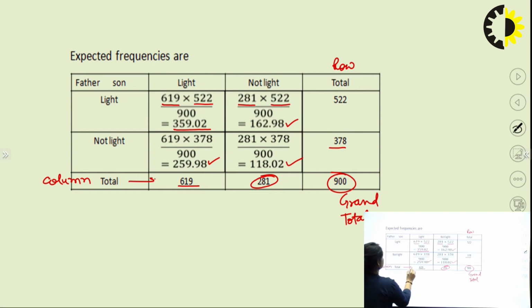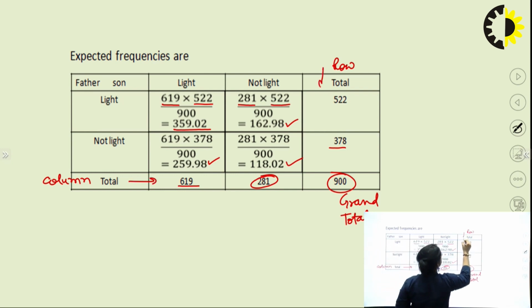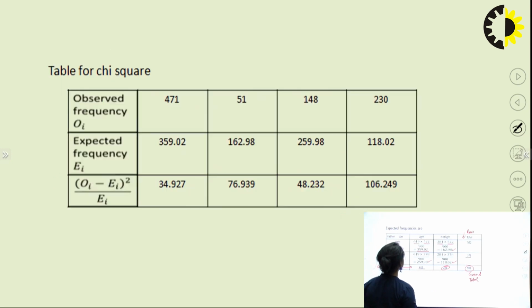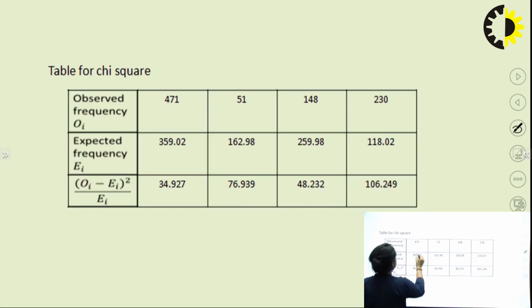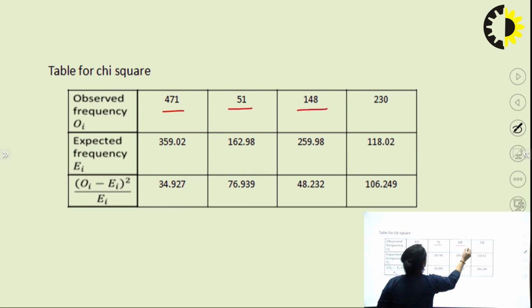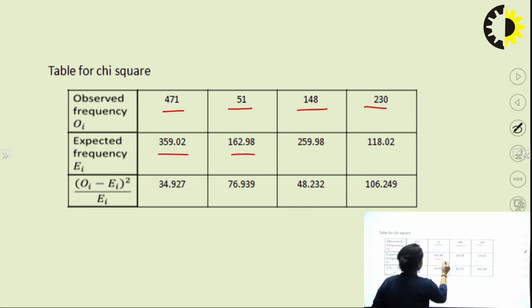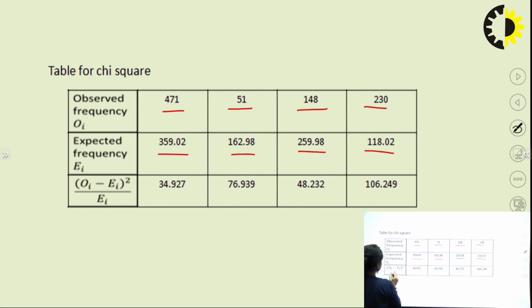This way we proceed, and after finding EI, we write them in the tabulated form as this was OI for all the 4 rows and columns we have written. Corresponding to each of them we have written EI, and we have taken the value OI minus EI whole square divided by EI.